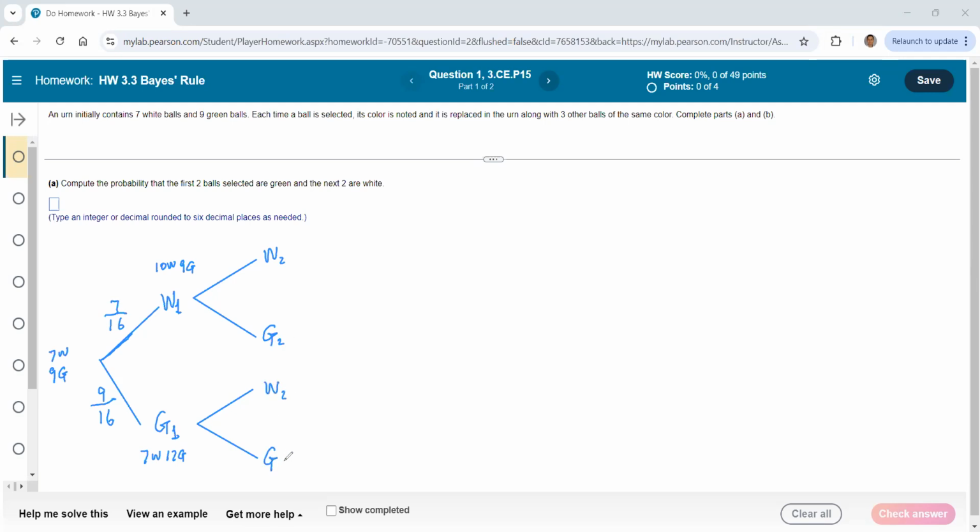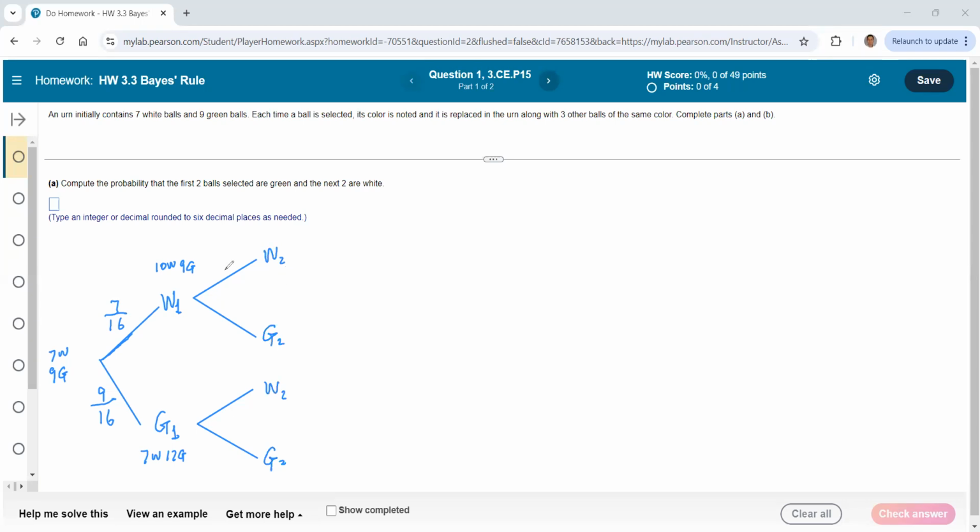Actually, we need to draw 4 balls totally. So it's a little bit for 4 branches, I mean 4 layers. It's a little bit more complicated, but you run the same scheme. It's not very difficult, but I would say it's complicated.